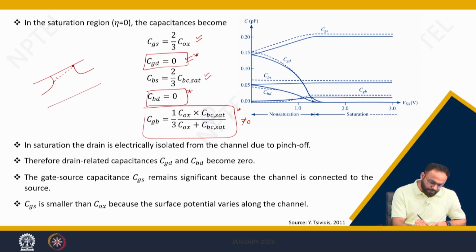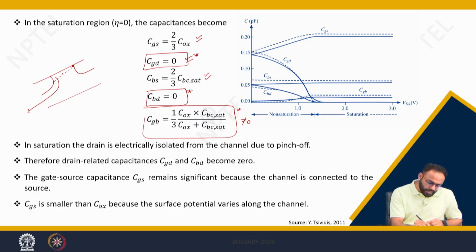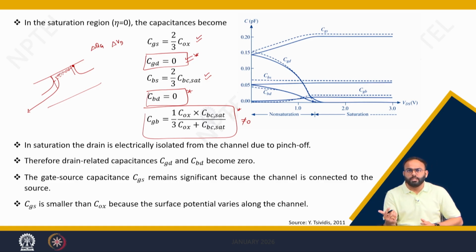If there is a pinch off region, the change in the charge is not captured by the drain side, and hence you can simply think whatever change in the gate charge happens, it happens near the source, but not near the drain. So there is no change in gate charge with respect to drain voltage when you are in saturation. Because of that, CGD is equal to 0. The same theory is applicable when you are talking about CBD.